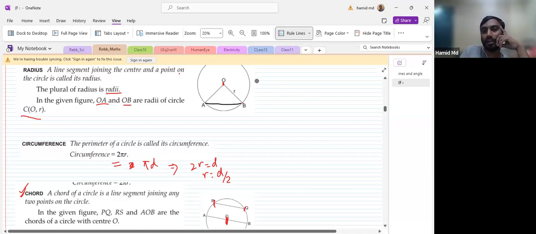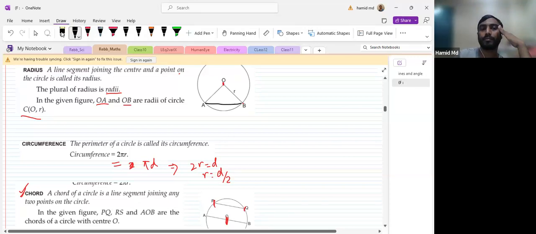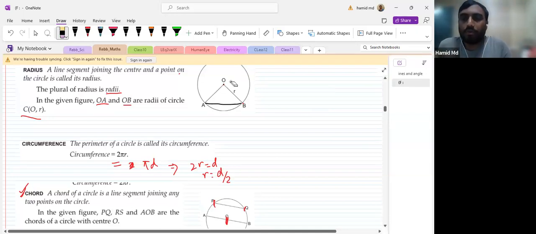So how will you find the angle in this figure? How will you proceed to calculate the angle? See, this is a triangle, right? Yeah. So based on your existing knowledge, how will you proceed?